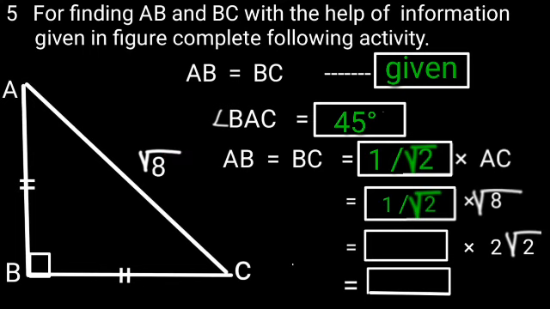The value of AC is equal to under root 8. Here we substitute that value. In the last step, 1 upon under root 2 into under root 8. Under root 8 means 2 into under root 2. From this step, under root 2 gets cancelled. Hence in the last box, the answer is 2. Thus we complete this activity.